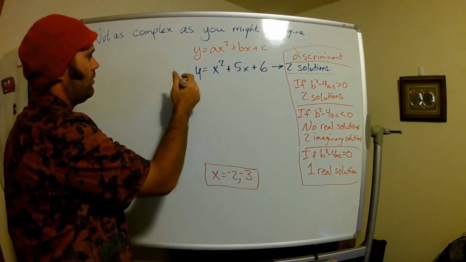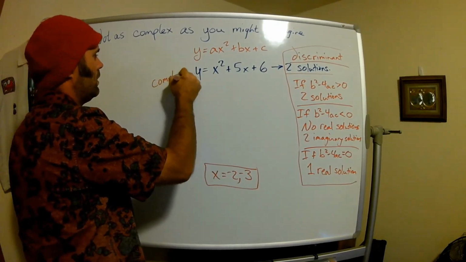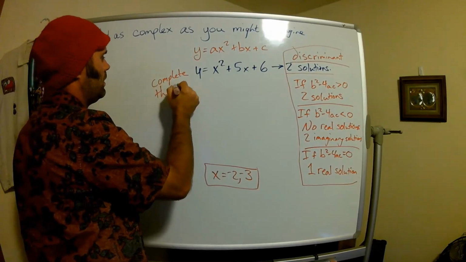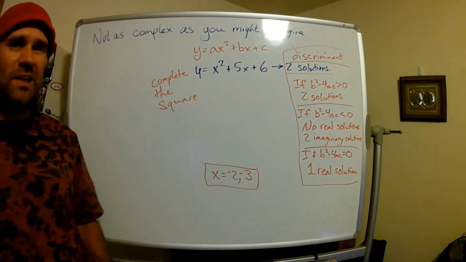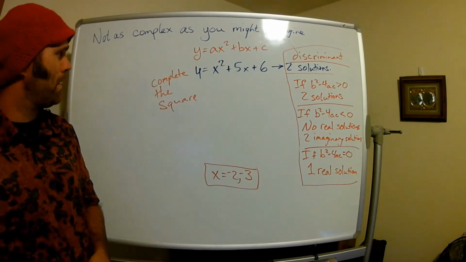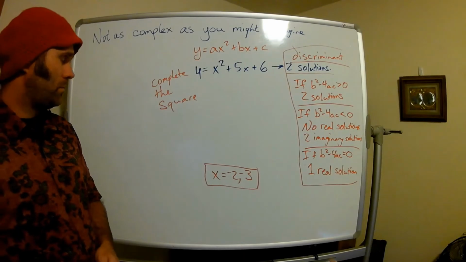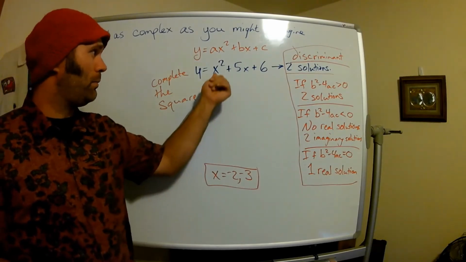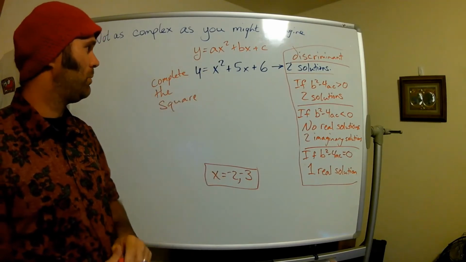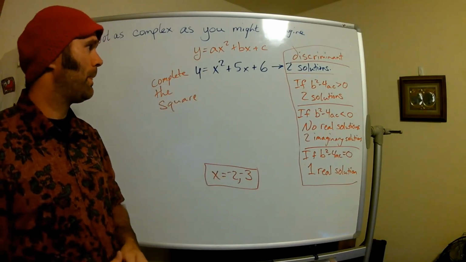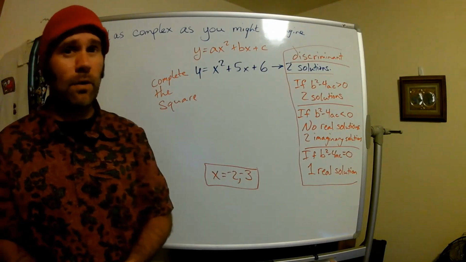We can solve this using the complete the square method. This is a simple problem because a is 1. If a was not 1, this would be a little bit more complicated. So let's go ahead and complete the square on a simple problem.